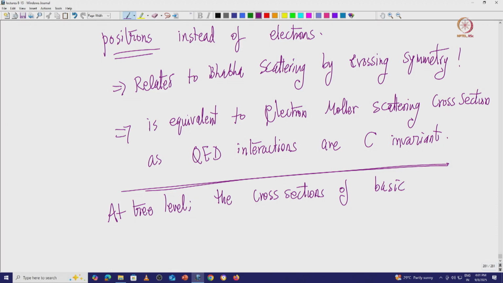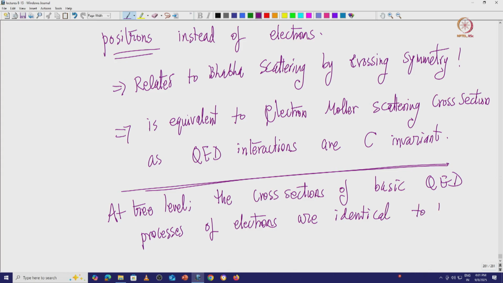Basic QED process which we have listed of electrons are identical to those of positrons.